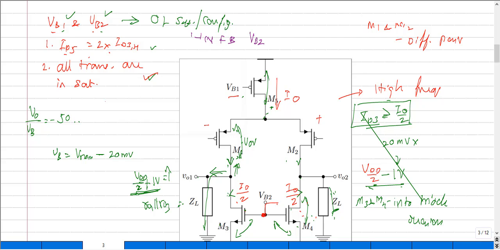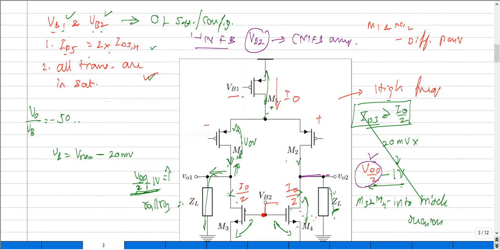So what I really mean is I need a negative feedback system that tunes the value of VB2 in a way that I can attain the common mode output voltage that we really require, and this negative feedback that we want to create is termed as common mode feedback amplifier.